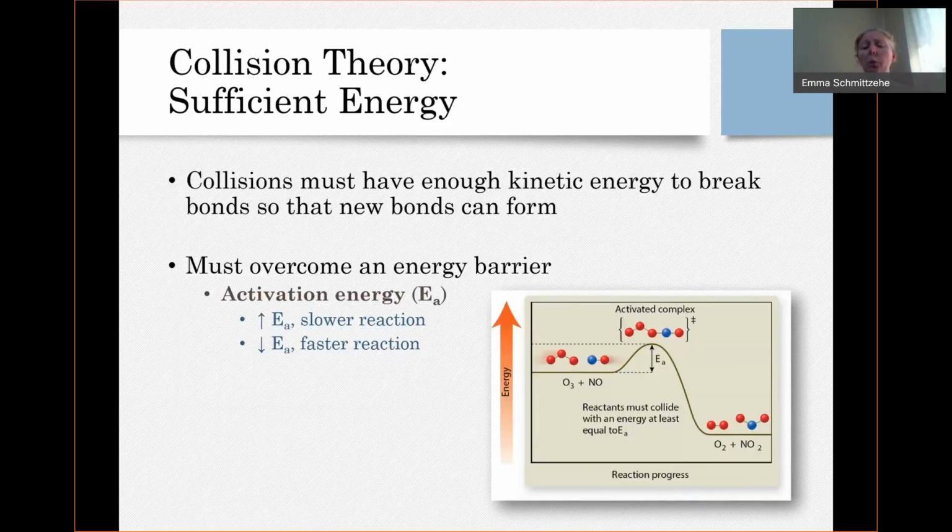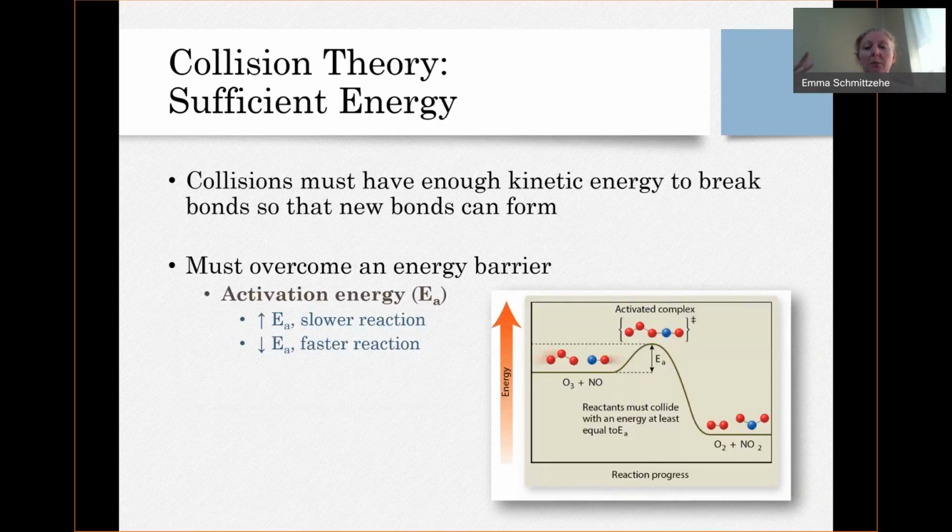And so when we have these collisions, you need to have proper orientation and you need to have sufficient energy. But if they either don't collide right or don't have enough energy, then the collision doesn't matter, essentially. It's not successful. So if you don't meet one of the criteria, then the collision's not successful.